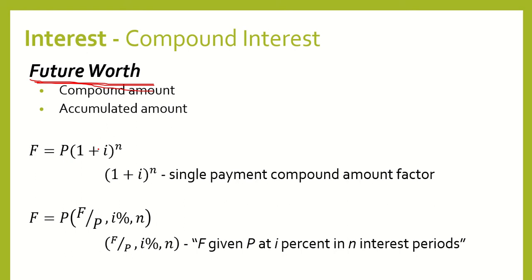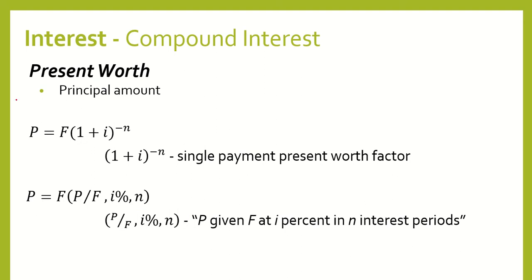So F is equal to P times the quantity of 1 plus I, quantity raised to power N. This quantity here is termed as the single payment compound amount factor. We can also use this notation. Most of the books will use this notation, F of P, or F given P at I% rate in N interest periods. So that is read as F given P at I% in N interest periods.